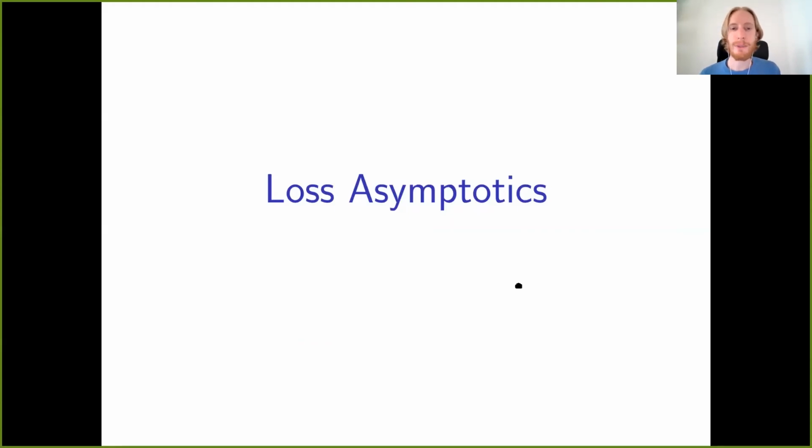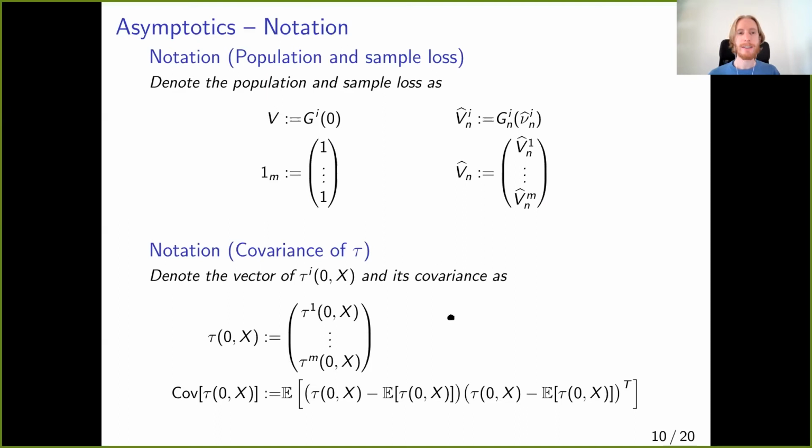Yeah, as I said, I will spare you most of the gory details, and just hopefully give you an idea how we are going to approach this. So we denote the minimum values of the population and sample Frechet functions, and we call these minimum values losses.